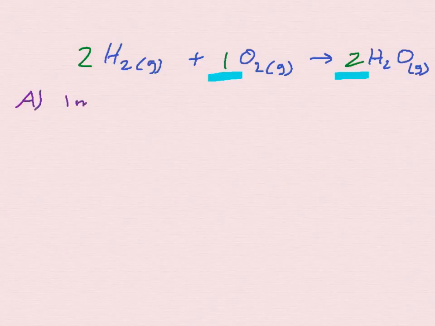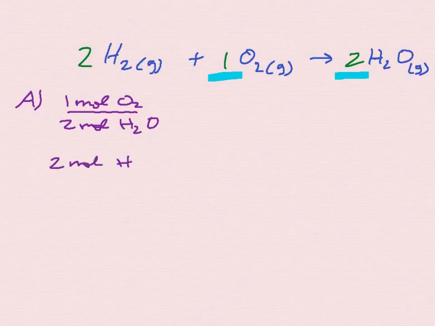I can say 1 mole of oxygen is used up and 2 moles of water, like so. But I could also write that mole ratio upside down, so to speak, and I could say 2 moles of water for every 1 mole of oxygen.